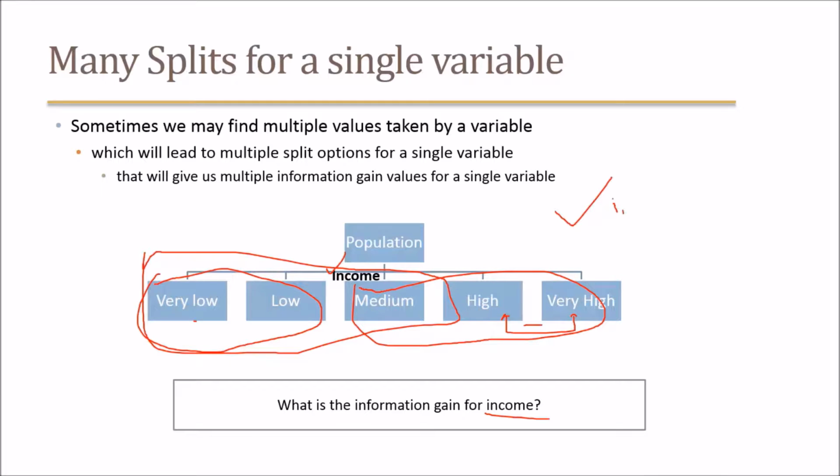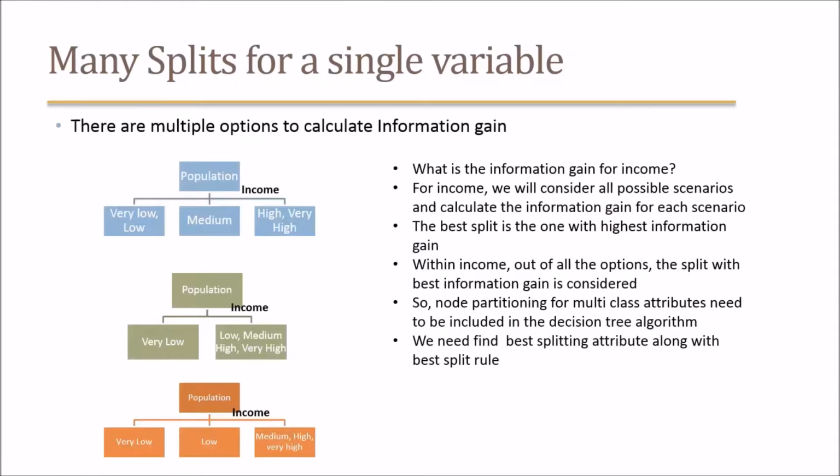Now when you just divide it into 2 segments, that is very low, low and medium income is one segment, and high, very high is the other segment, then we will have information value I2. So there are multiple options, as we were discussing, like population can be divided based on income. Very low is segment 1, medium is segment 2, very high is segment 3. That will give us an information gain value.